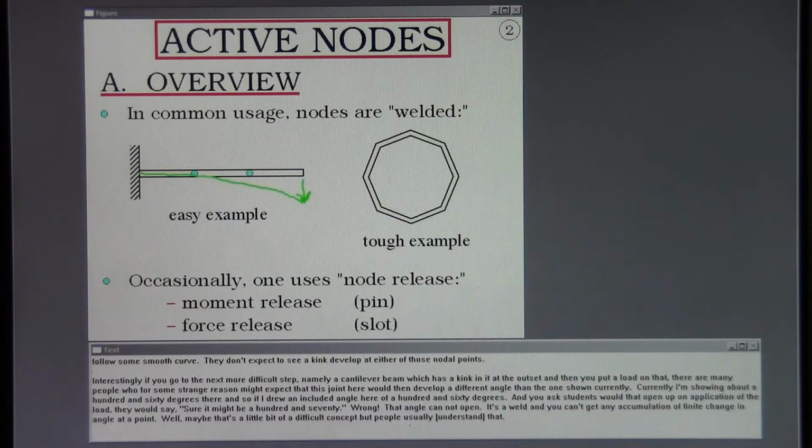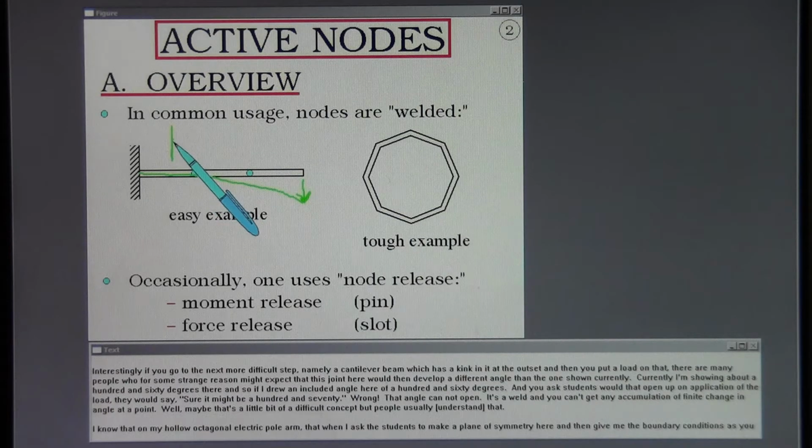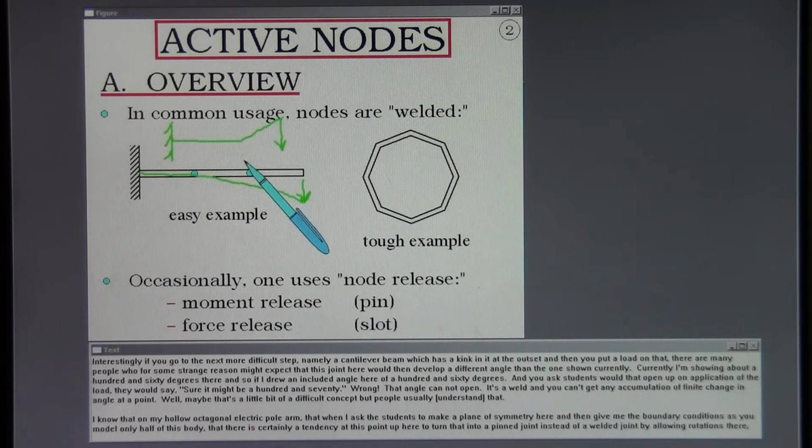Interestingly, if you go to the next more difficult step, namely a cantilever beam which has a kink in it at the outset, and then you put a load on that, there are many people who, for some strange reason, might expect that this joint here would then develop a different angle than the one shown currently.